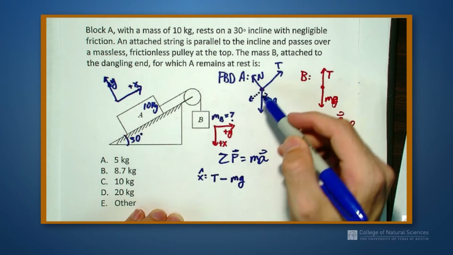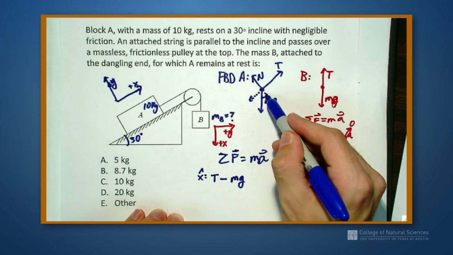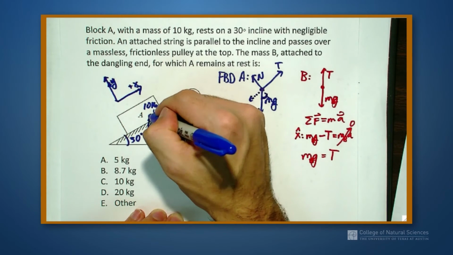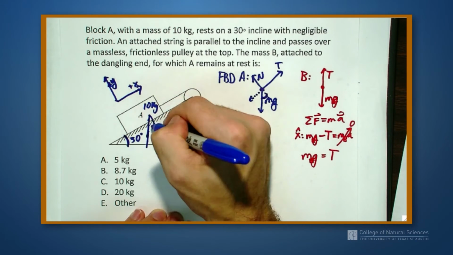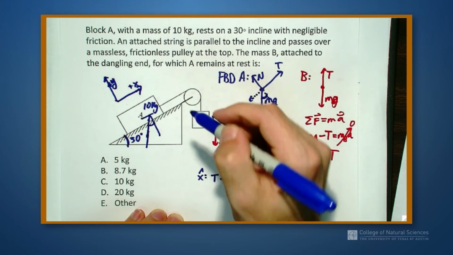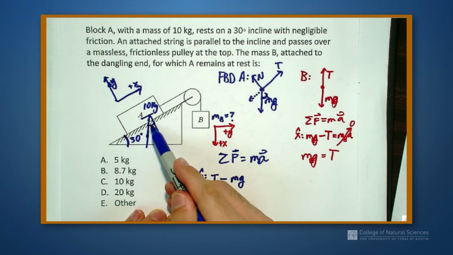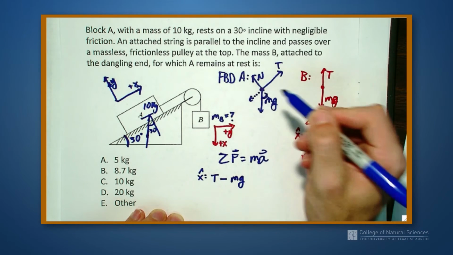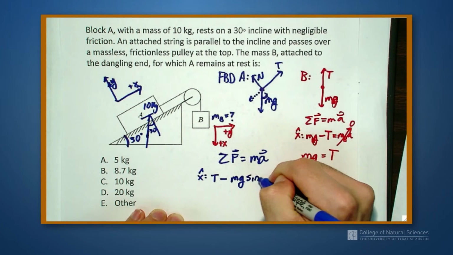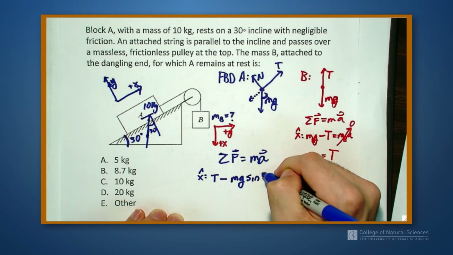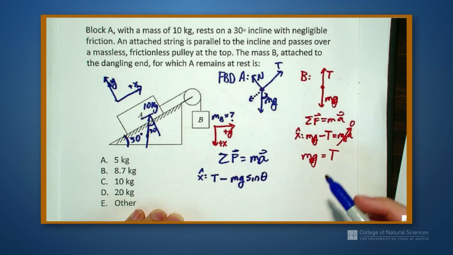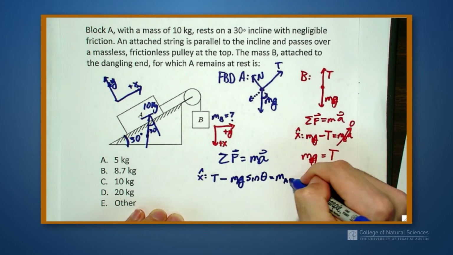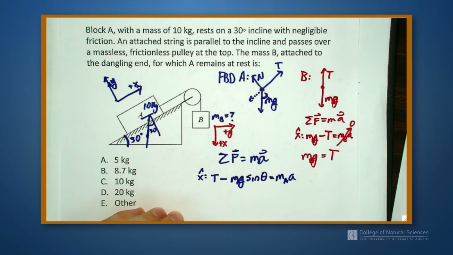And I know that the 30-degree angle that they give me is this angle right here. I can look at the weight force down, and I can see that this angle and that angle are the same angle. So this is 30 degrees here. So that means to get the x component of this, it's going to be sine of our angle. And our angle is 30 degrees. And this is going to give rise to mA times its acceleration a.